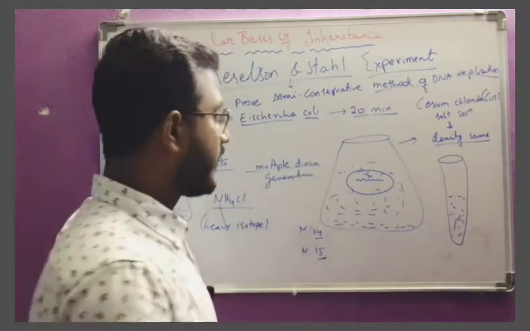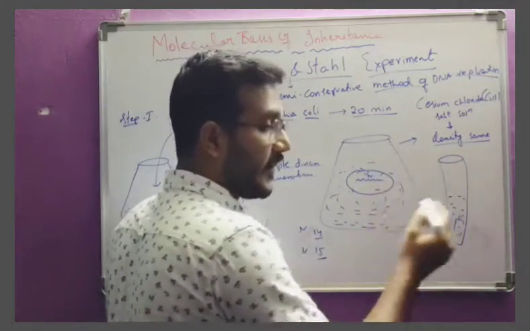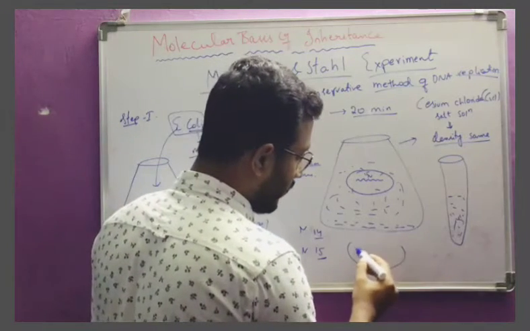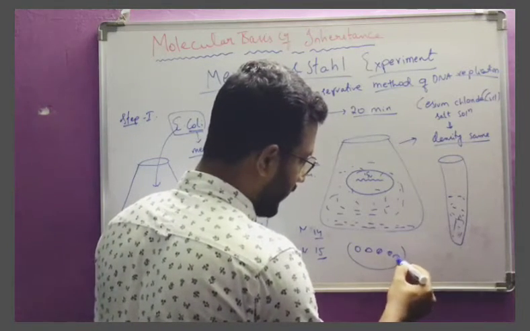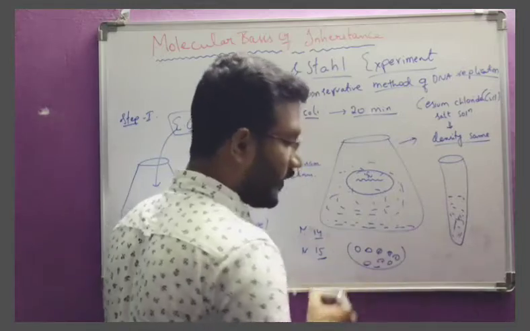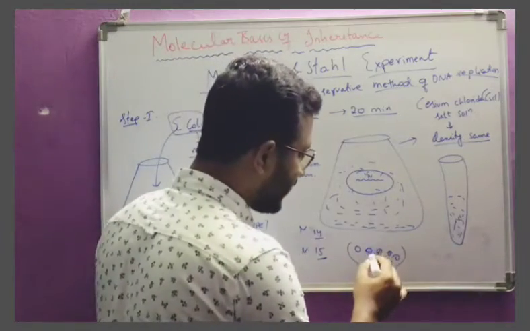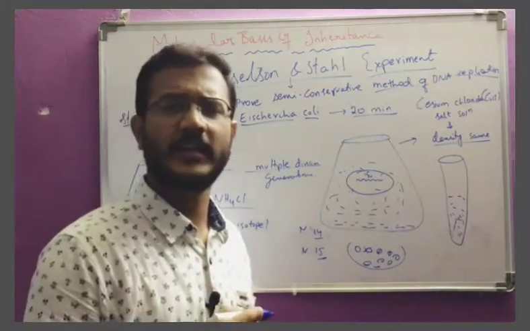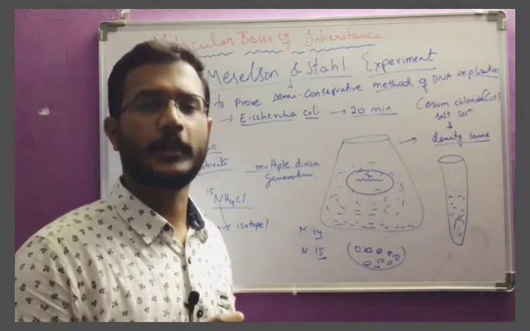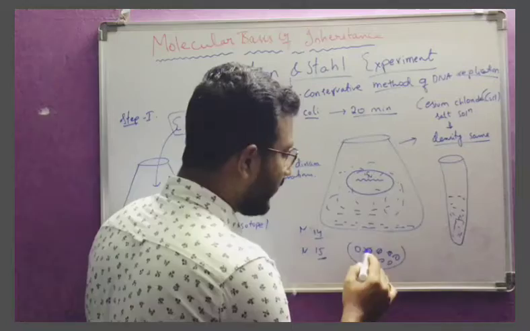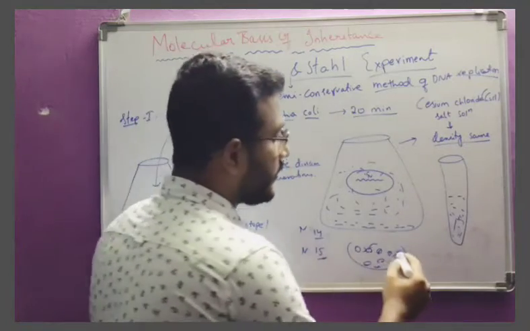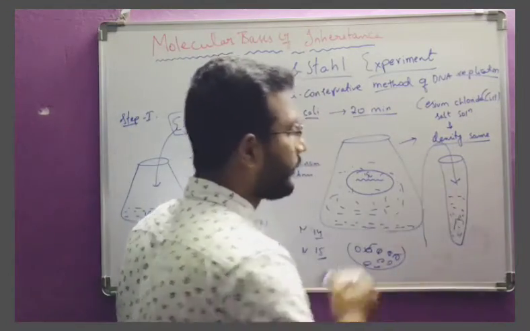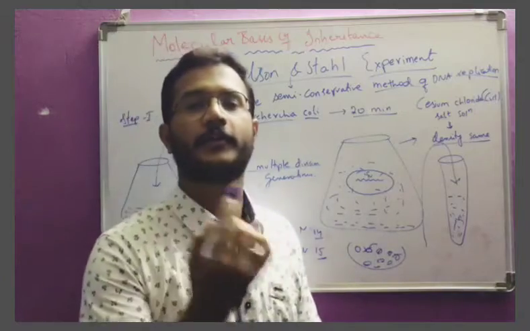Okay, and what they did? They had taken all the bacteria and mechanically they stressed the walls of the bacteria. They had given mechanical stress, so the bacterial cell walls are ruptured. As a result, the DNA will come outside. So this solution was taken in this and they started centrifugation.